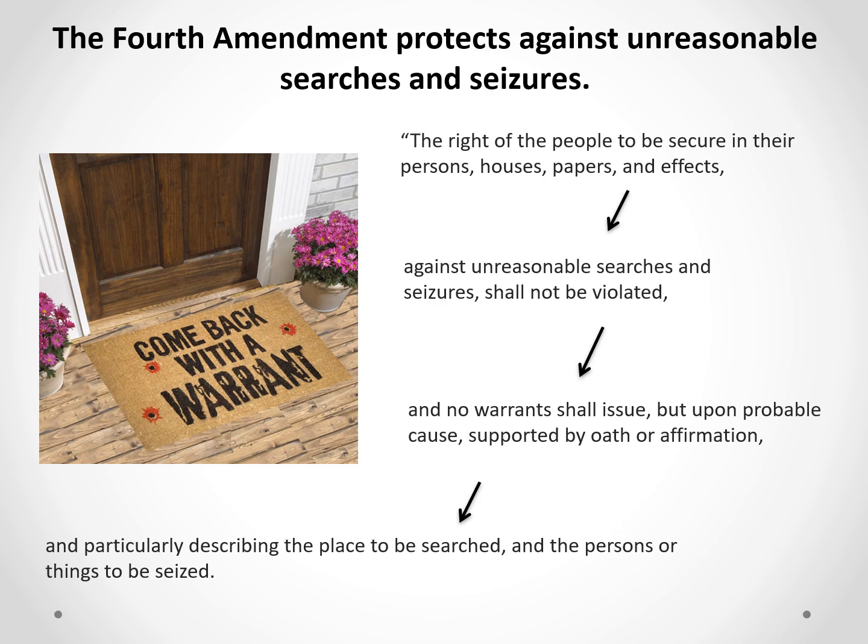Okay, this is a mouthful. Fourth Amendment protects against unreasonable searches and seizures. So the government can't search us, search our homes, and cannot arrest us or seize things that belong to us without good reason. Very interesting.